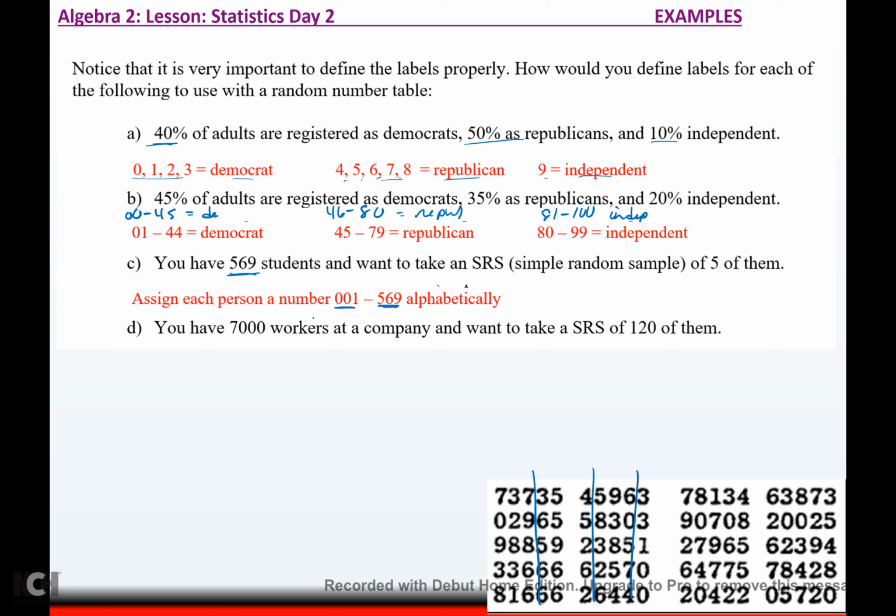D says you have 7,000 workers at a company and want to take a simple random sample of 120 of them. Well, you could do the same thing, but now you have 4 digits, so you'd have to go 0001 to 7,000 alphabetically. Okay, so those are possibilities.